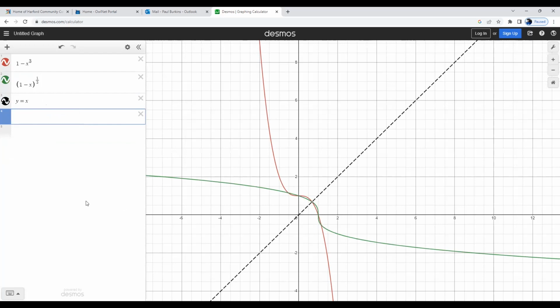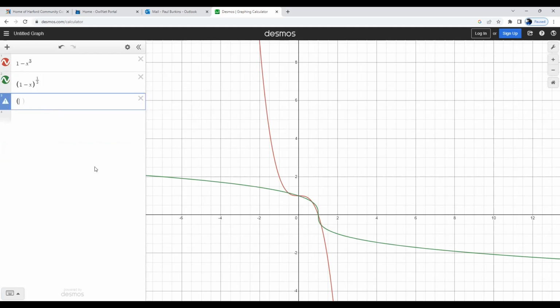Another thing that we can do is put points on the curves. So let's do the ordered pairs that this crosses. Actually, here's a nice one. This is negative 1, 2.